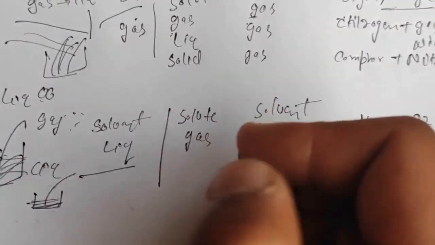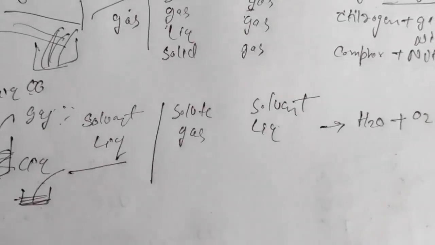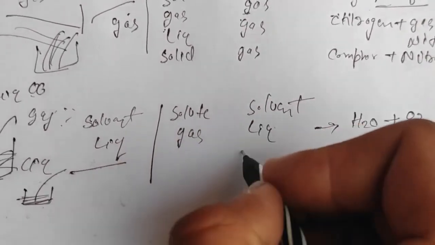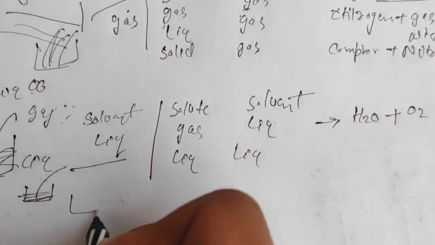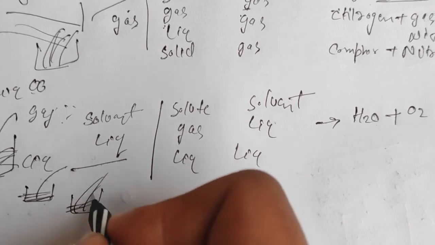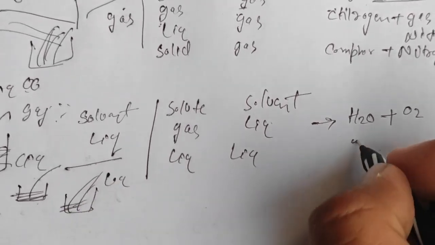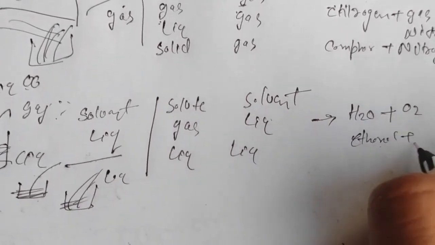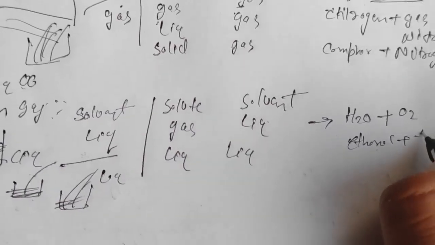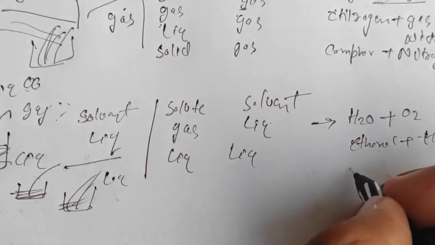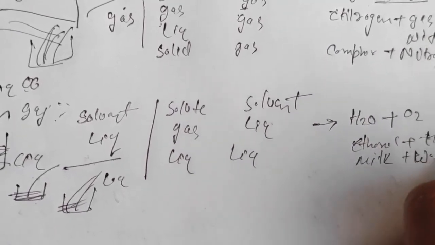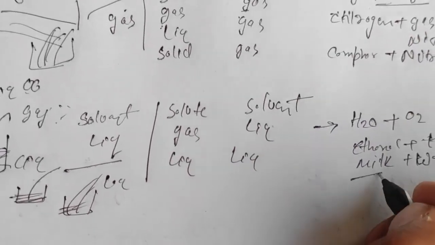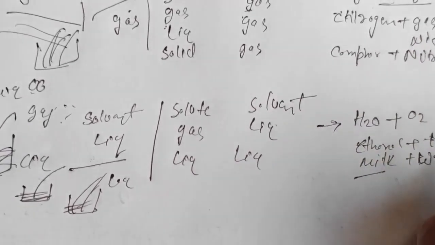The next example is a liquid solute in a liquid solvent, meaning liquid in liquid. For example, ethanol plus water. Milk in water is another example, where milk is in the solute form and water is the solvent.